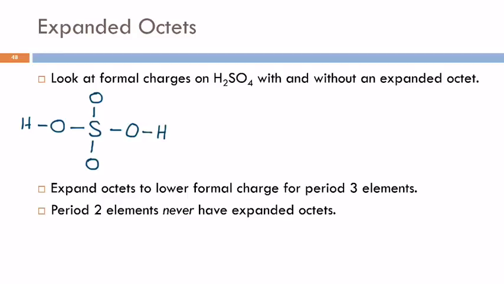We have to total up our electrons. We have 2 from the hydrogens, we have 6 from the sulfur, 24 from the 4 oxygens. I believe that's 32.